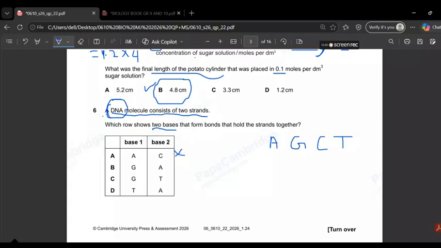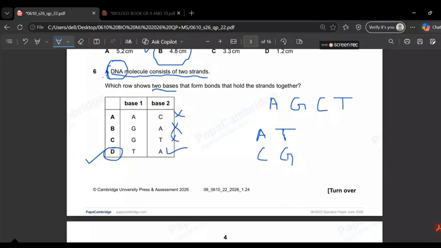GA. G never goes with A. G with T. G never goes with T, or T never goes with G. A with T, or T with A, of course. So the bonding is every time between A and T, adenine and thymine, and cytosine and guanine. You know that. So D is your answer. I think it was very simple, I hope.